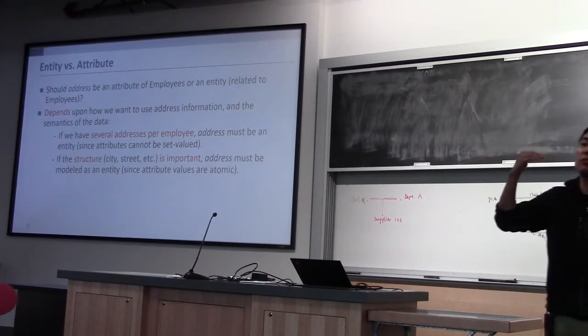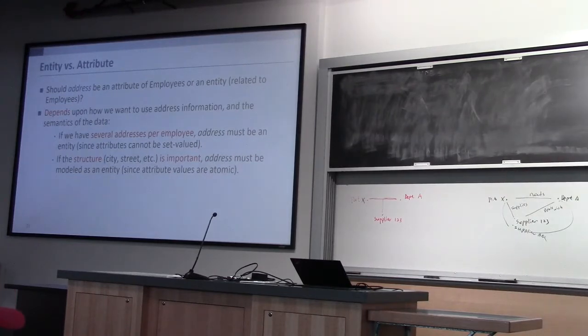So if you were to use address as an attribute, you face a dilemma, right? You have to introduce not just one address attribute, you have to introduce maybe up to 5 address attributes to cater for that worst case scenario, because the employee in the worst case may have up to 5 locations.